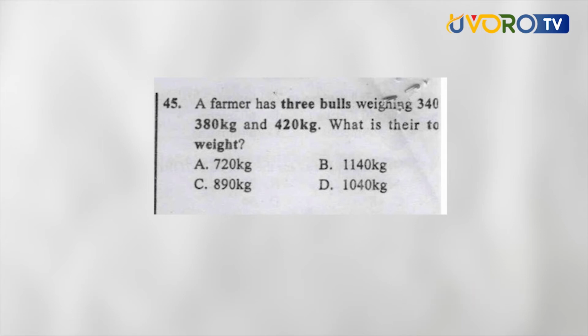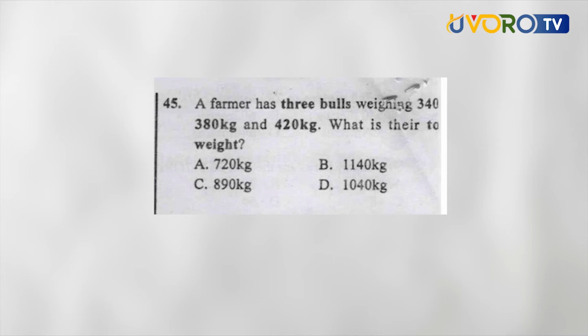A farmer has 3 bulls weighing 340 kgs, 380 kgs, and 420 kgs. What is their total?